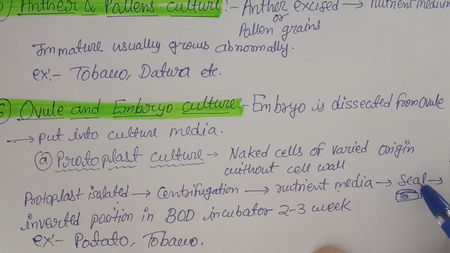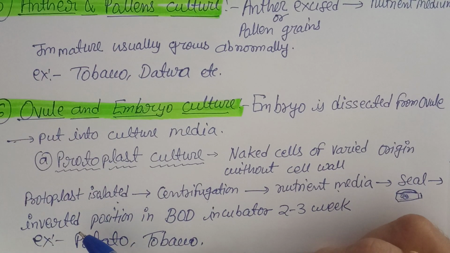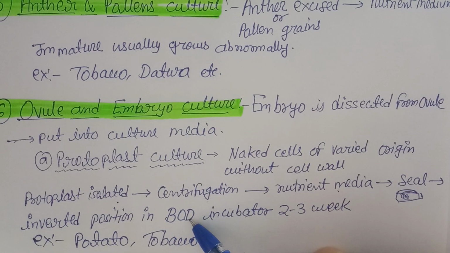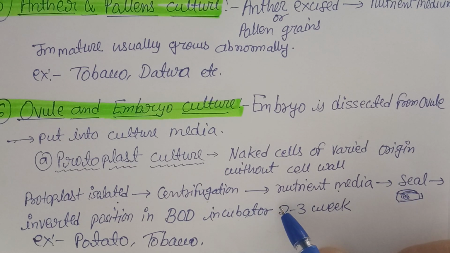Then it has to be kept in an inverted position in the BOD incubator for 2 to 3 weeks, right? The biological oxygen demand incubator is a special incubator, not the normal bacteriological incubator, where an oxygen supply is going to be there. So we keep it for 2 to 3 weeks. We do this in the case of potato and tobacco cultivation.